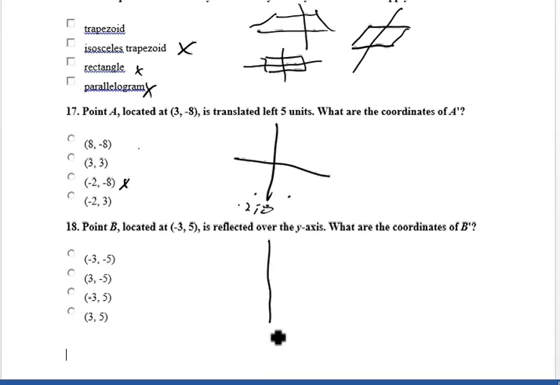So point B is -3, 5. And then we're going to fold it this way. We're going to fold along the y-axis. -3, 5. We'll say it's about there. So it's going to end up over here at 3, 5. That means that would be 3, 5. There we are.